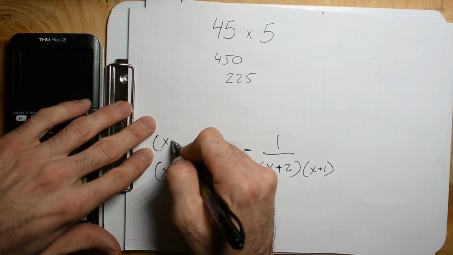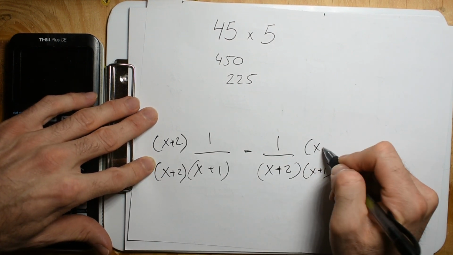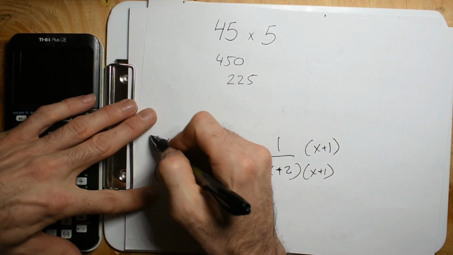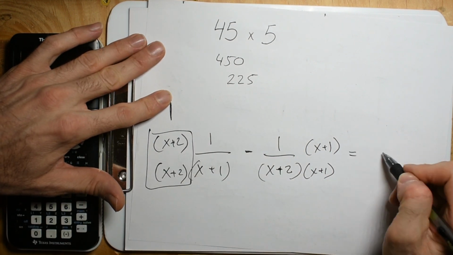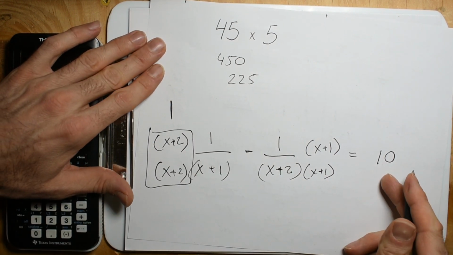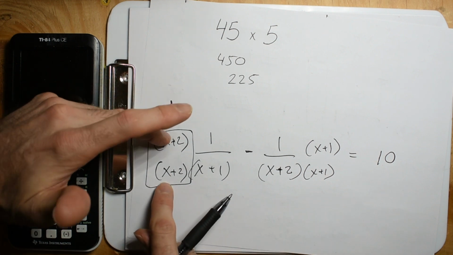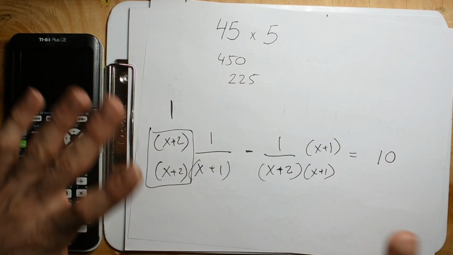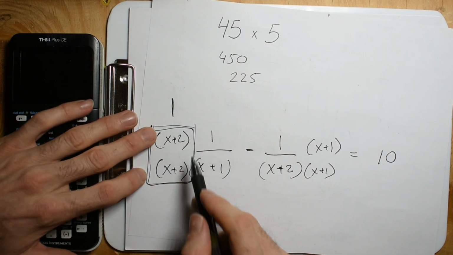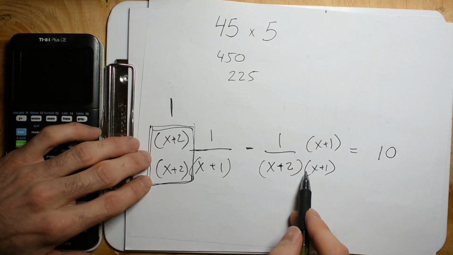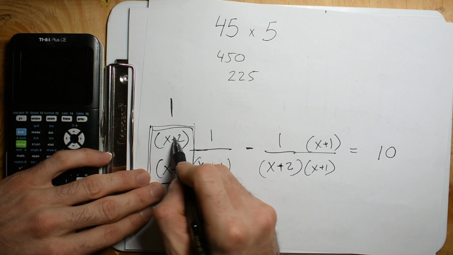But you have to do the same thing to both sides. This is just like multiplying by 1. So even though this is equal to 10 over here, it seems like you would have to do this to every part of the equation, but no, you're just multiplying by a ratio of 1. This is only a strategy to get the denominators the same, where then you can add these.